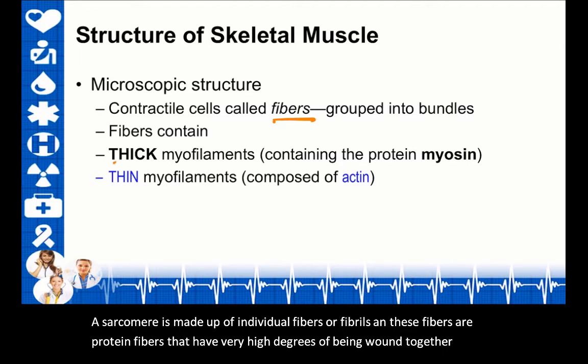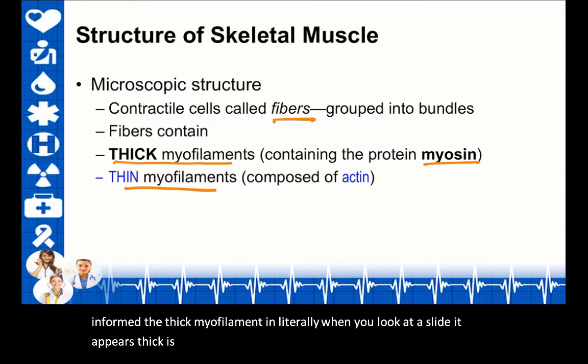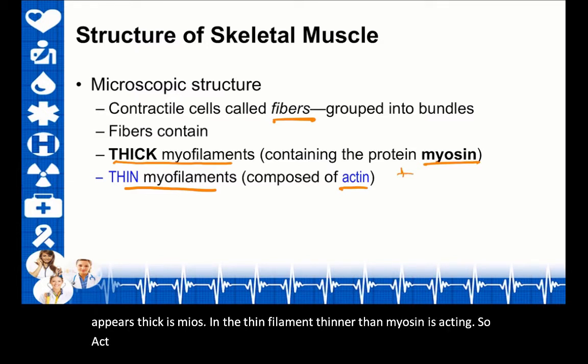The thick myofilament, and literally when you look at a slide it appears thick, is myosin. The thin filament, thinner than myosin, is actin. So actin plus myosin is essentially the components that make for our sliding filament theory.